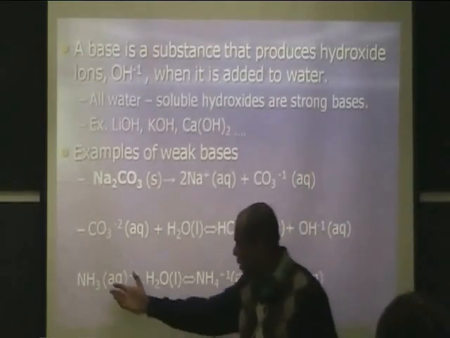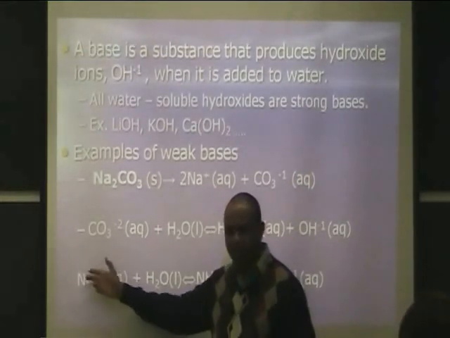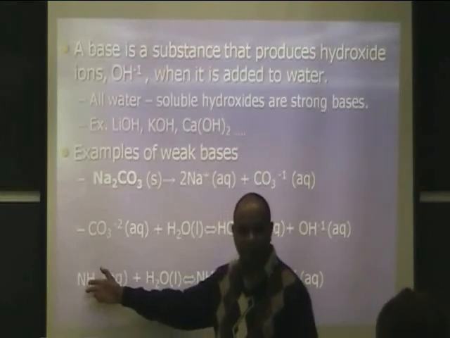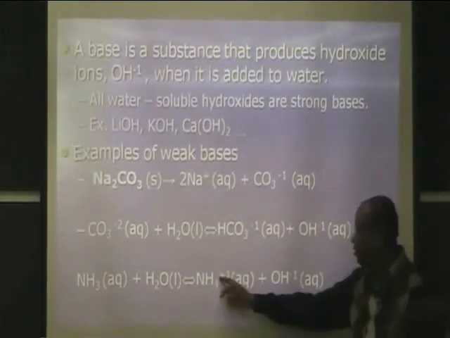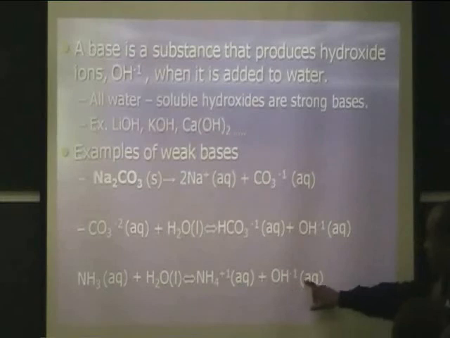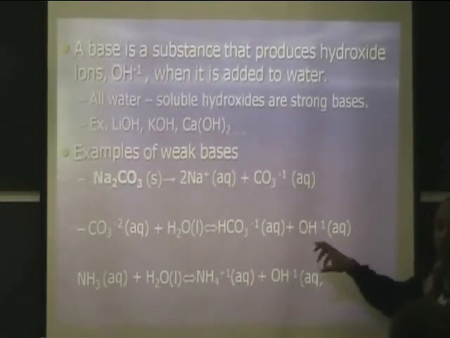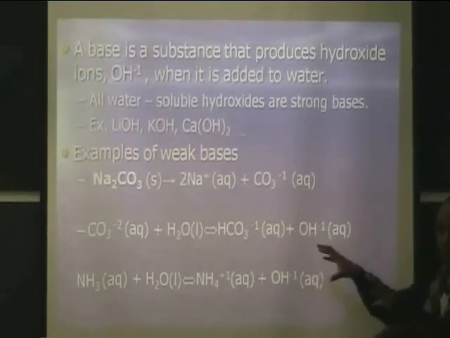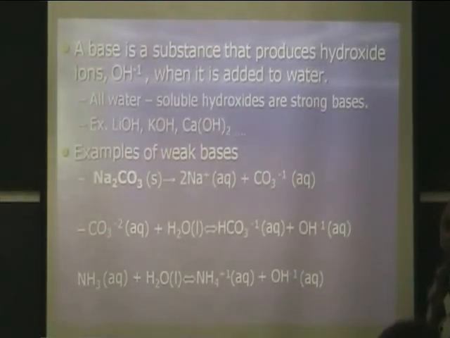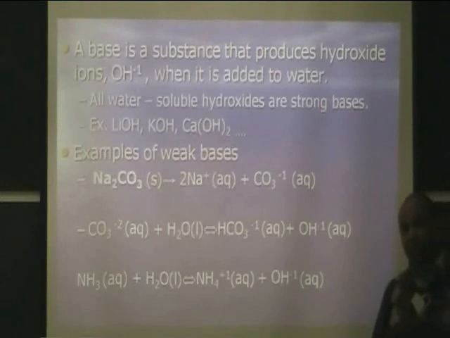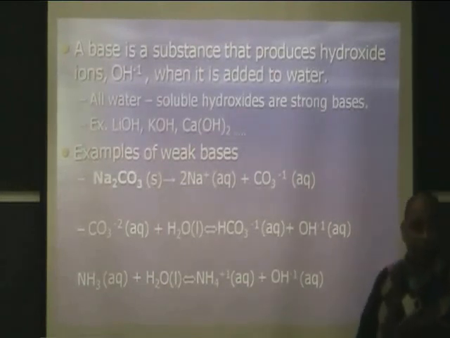You don't see ammonia, but if you think about ammonia as a base, when ammonia mixes with water, it forms ammonium ion and gives away OH. It provides OH to the water. It contributes OH ion, so we consider it a base. What about taking the bicarbonate to the next step?